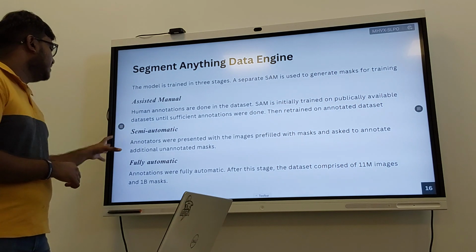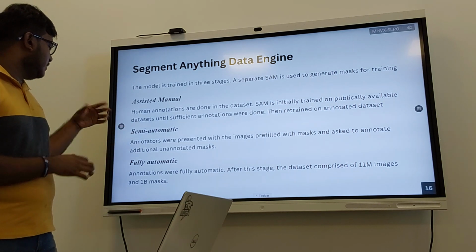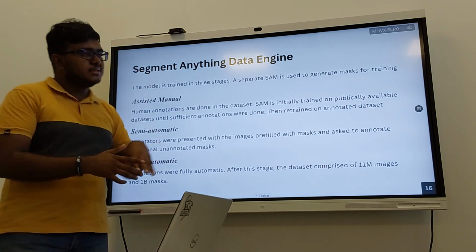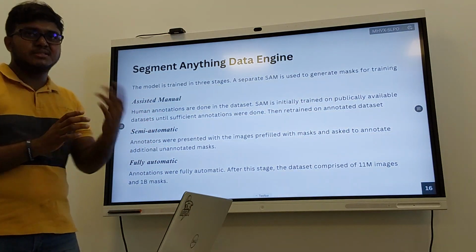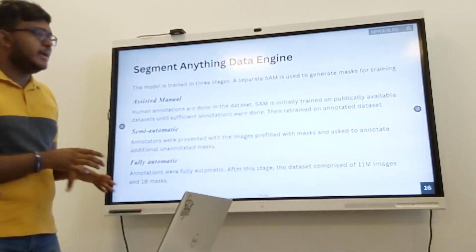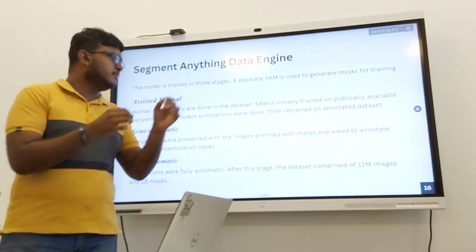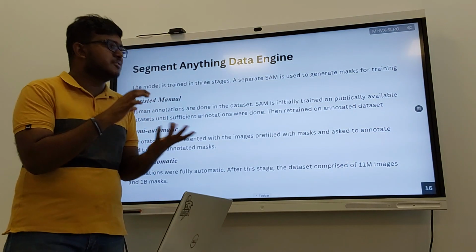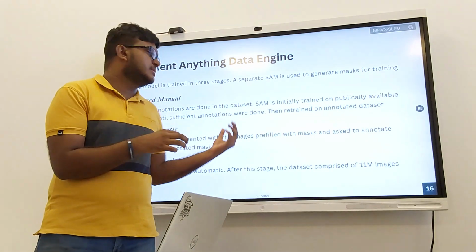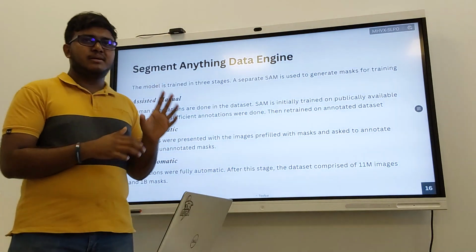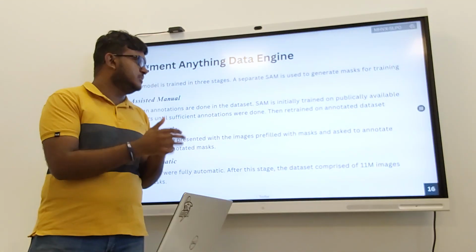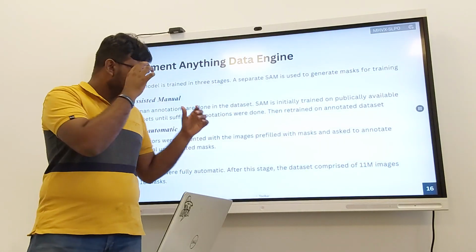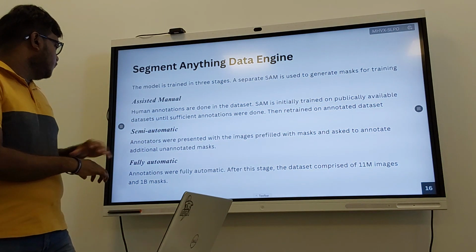Then in the semi-automatic stage, they use the SAM model to generate the masks, and the annotators are asked to annotate the masks which were missed by SAM, trying to catch the masks which were hard for the model to capture.